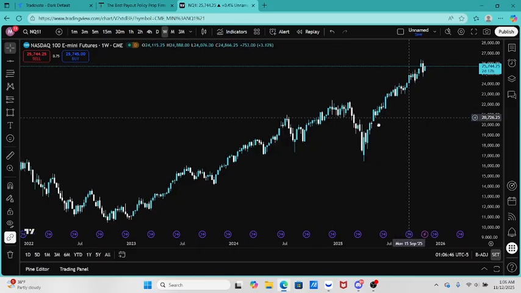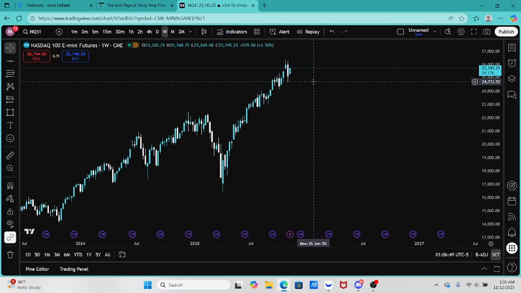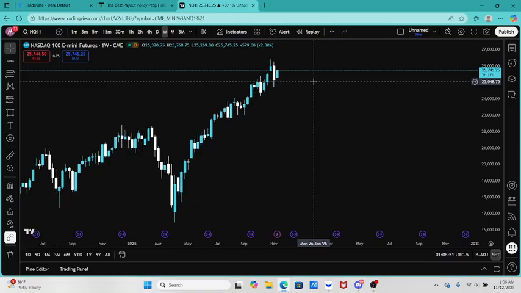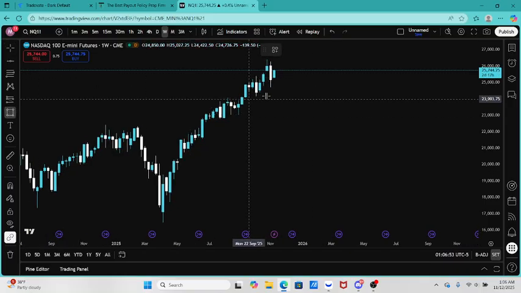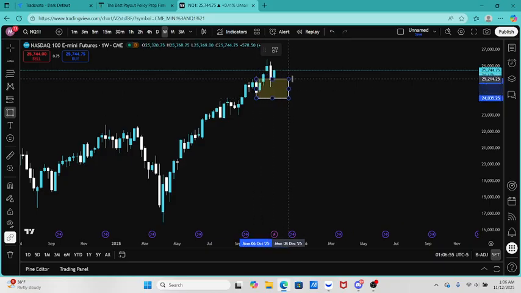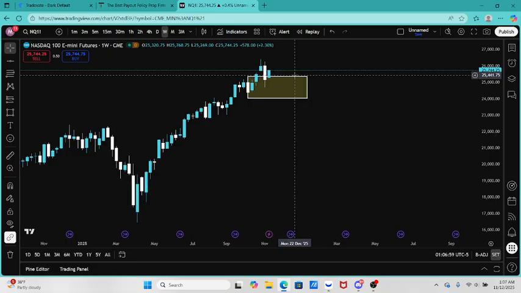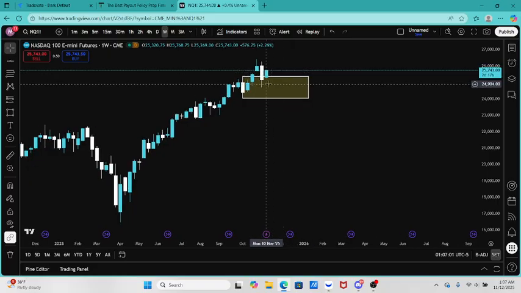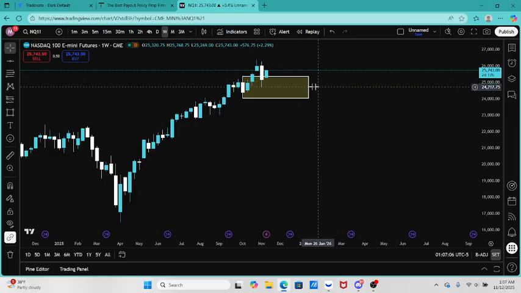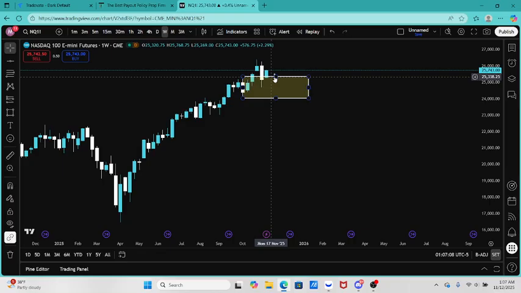So let me again. We're gonna start off on this weekly. Now on this weekly chart, like I was just mentioning, we do have an order block right here. We came down to the order block, stayed above the midpoint, which is nice. And then now we closed above for this new week.